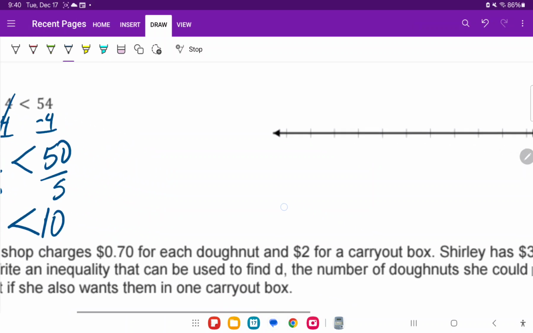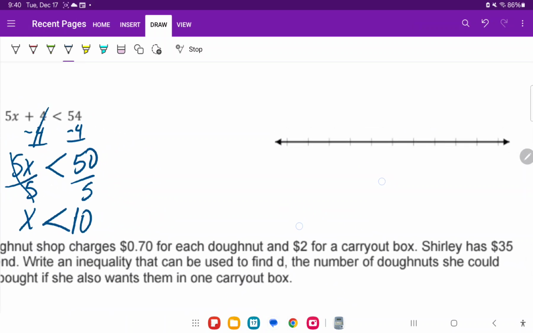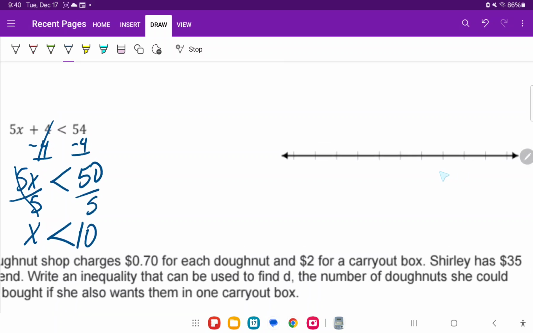Now, this time we're going in the less than direction. So I'm going to come over here and put my 10 over here, and we're going in the less than direction. Okay. So it is again an open circle going in the less than direction.